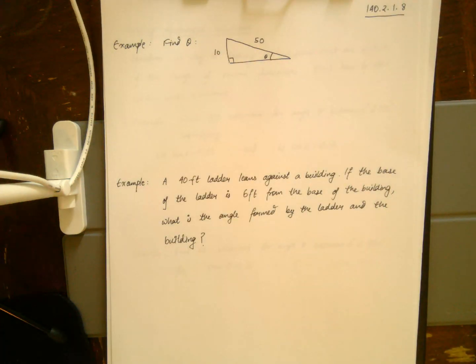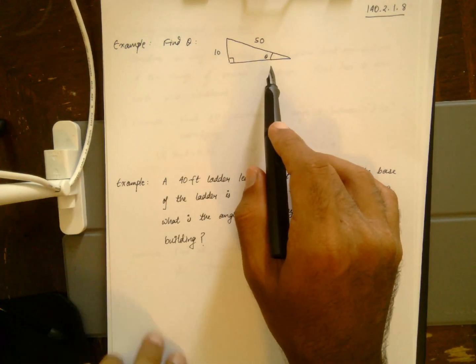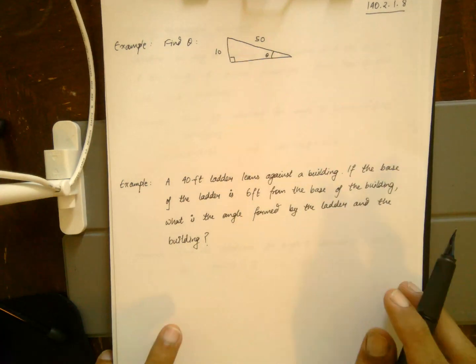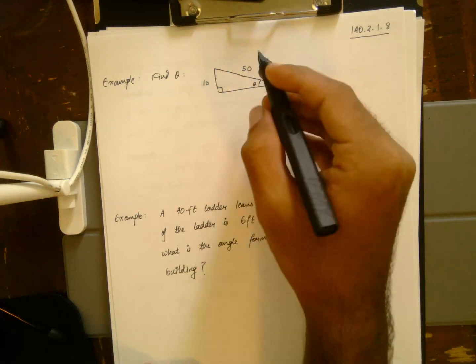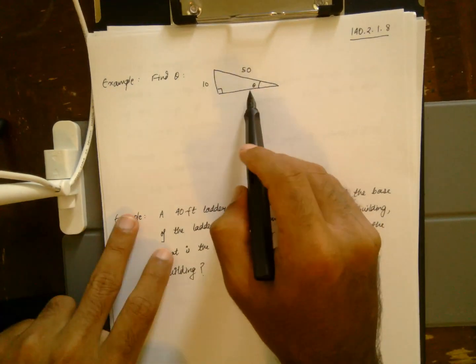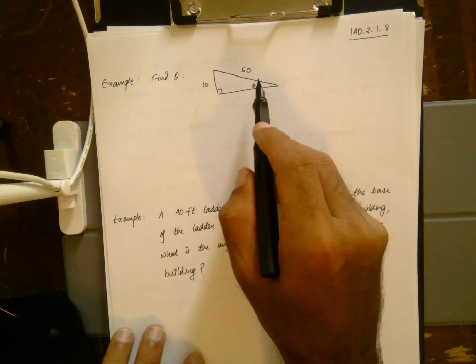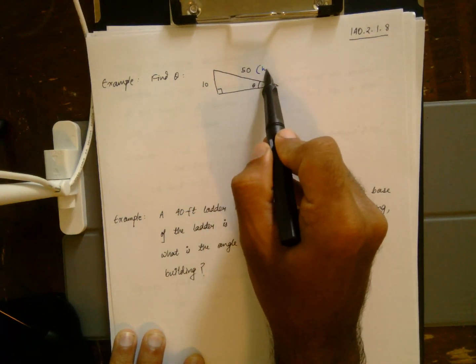Now let's look at a different kind of example. You're given this triangle and you're asked to find theta. Once again, as with regular trig problems, this is the angle we are concerned with. I'm going to label these sides. This is the hypotenuse.